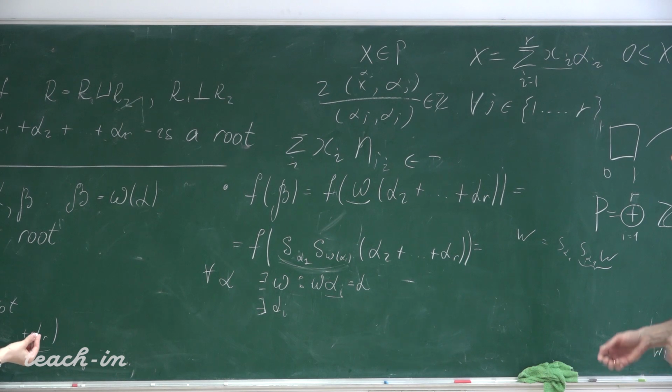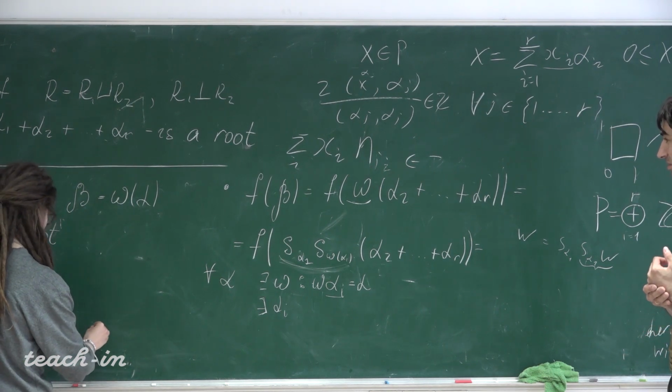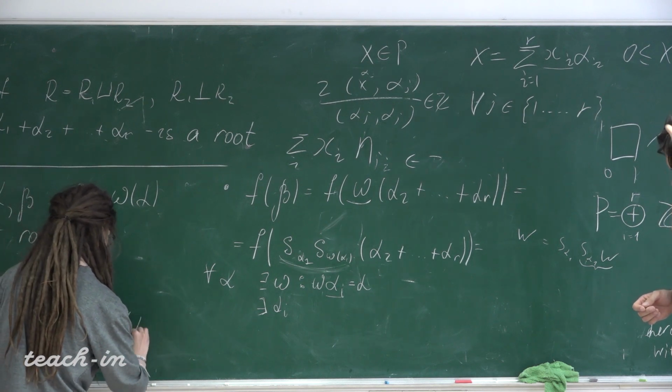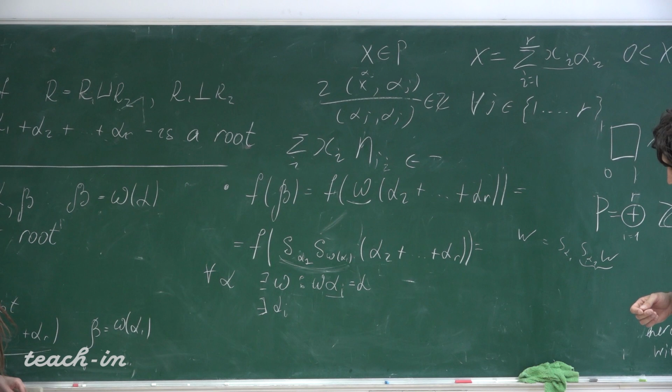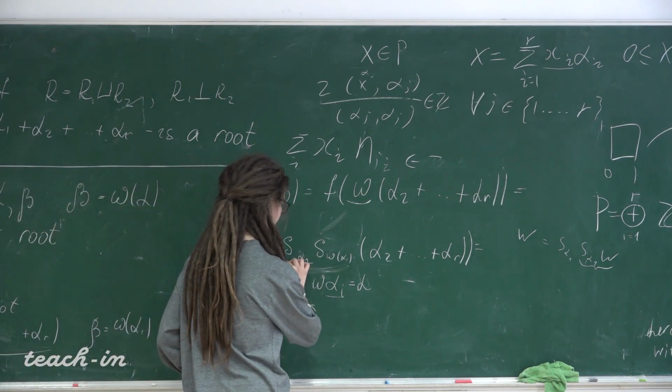But this, okay, this I wanted to fix by induction, like just to consider root alpha 2 instead of alpha 1. And this is another property.